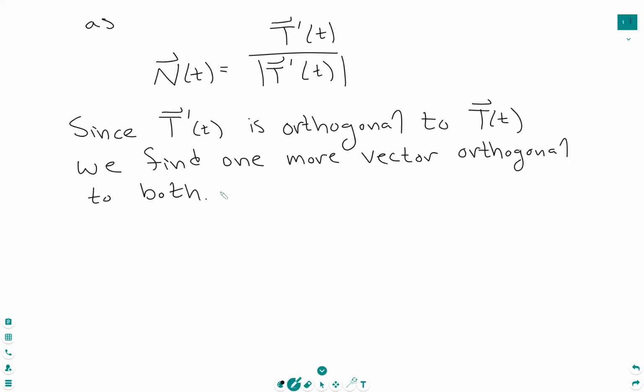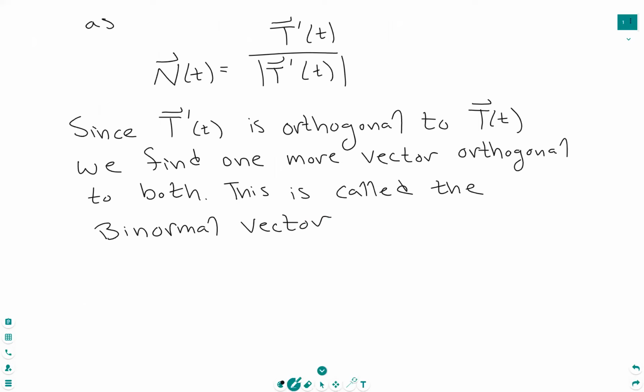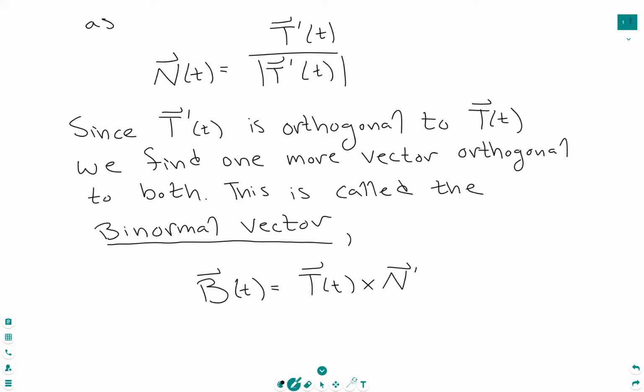So what do we call this third vector? This is called the binormal vector, which we'll denote with a capital B. And it is the cross product between the unit tangent vector and the unit normal vector.